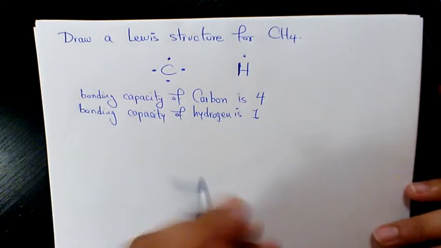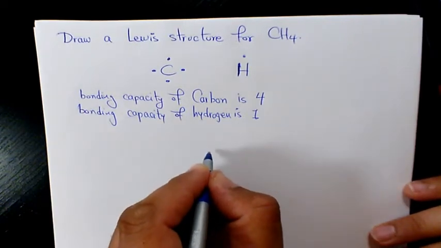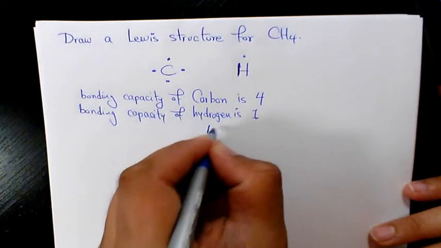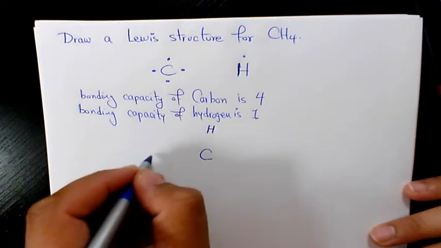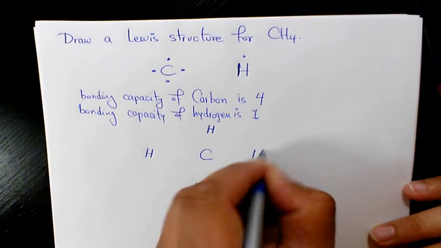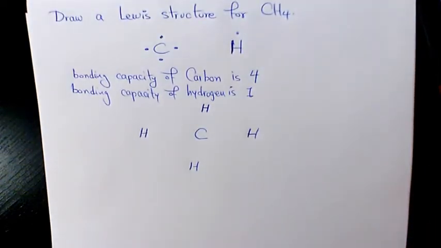So I'm gonna write the symbol for central atom and then arrange the symbols of the atoms for the rest of the elements. So I just place it like that. What else we need to do? We need to add up the number of valence electrons available in an atom of each of the elements.